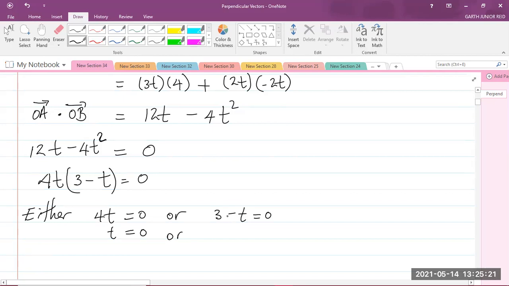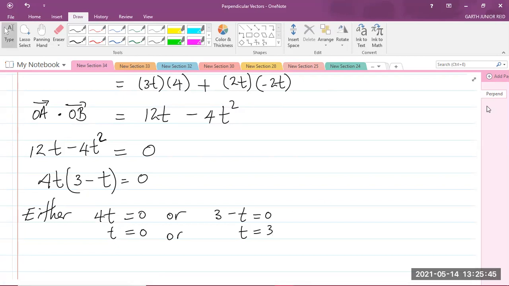The other equation, 3 minus t is equal to 0. If I carry the negative t on the other side of the equation, I will get a positive t. So what I will get is 3 is equal to t, or t is equal to 3. All right, 3 equals t or t equals 3, same thing. Okay, those are my values for t.